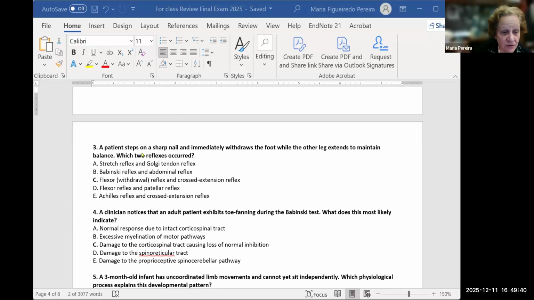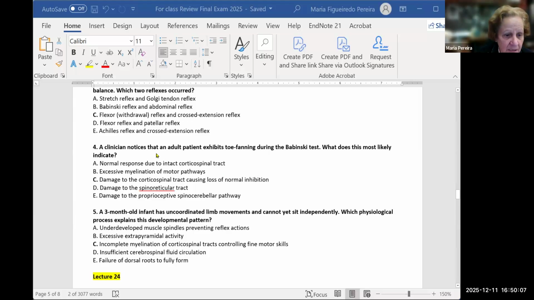Which reflex controls both sides? That would be C, the flexor withdrawal reflex and crossed extension reflex. So C would be the correct answer. You see that there are two actions involved, one on each side.